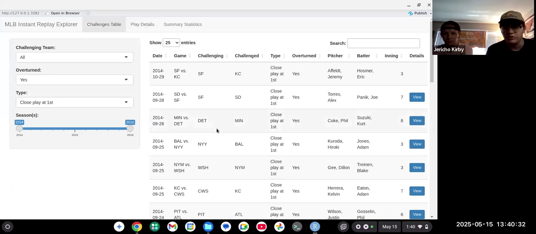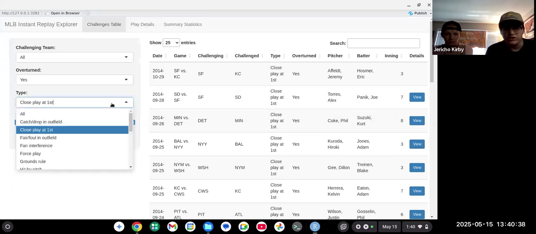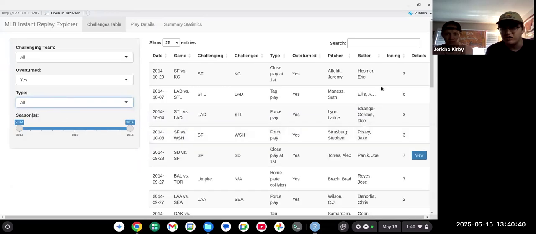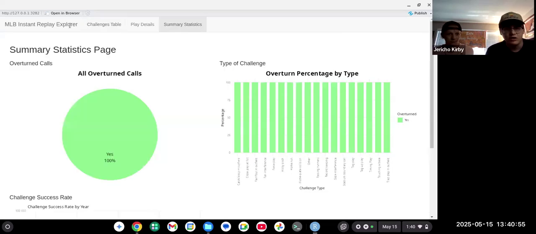Also, a nice thing we were able to do is make this view button only available for plays that we can actually look at, which makes things a lot easier, without weird errors thrown up. Finally, we have some summary statistics here, and I'll pass it to Maanas on that one.